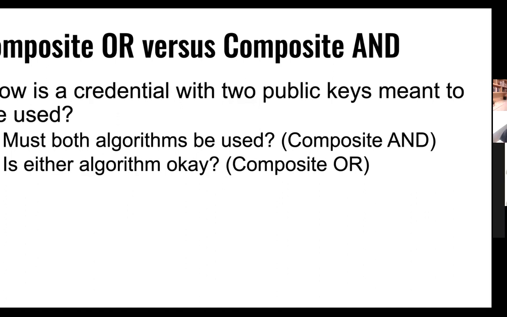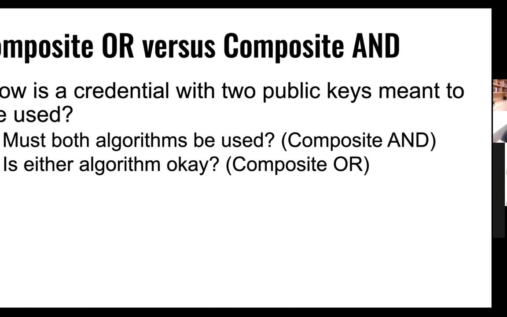Or am I indicating to you that either algorithm is used, and I'm creating a single credential containing both to maximize backwards compatibility in a transitional setting? In that case, for signatures, I would be trying to tell you it's okay if only one of these algorithms is used, and you get to decide at verification time which one you're expecting to rely on. And it's not clear, a priori, what credential with 2 public keys is meant to be used.